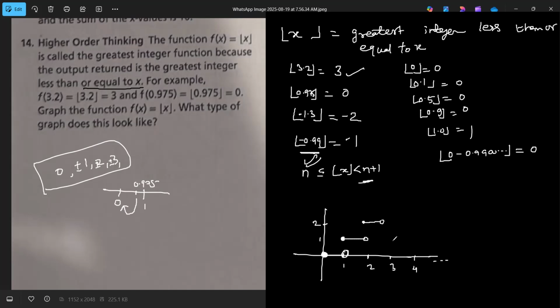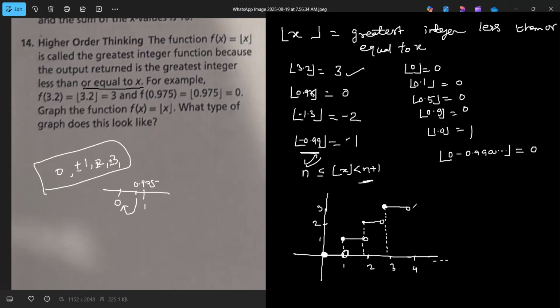From 3 to 4, the value will be 3. This is 3. That's why I darkened this circle and left this circle open. Dark means I am containing this part, but I am not containing this part. Understood?